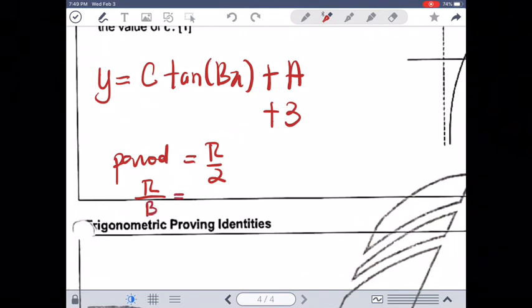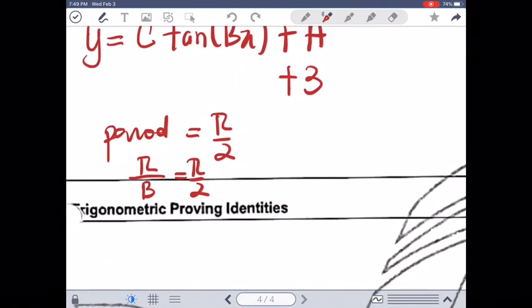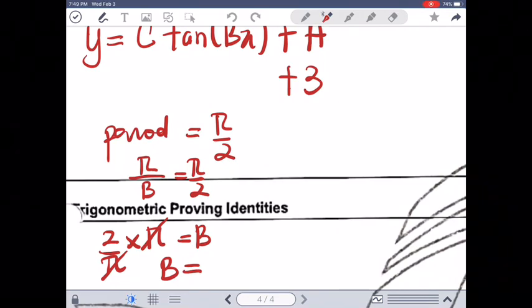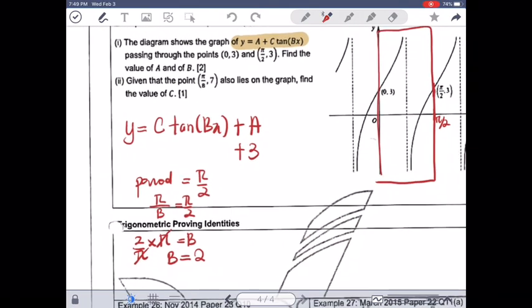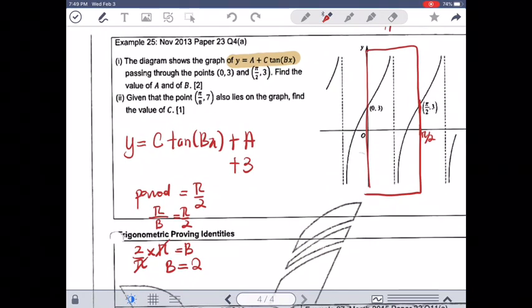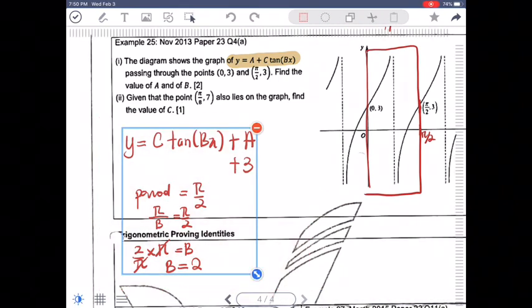In this case, pi over b is equal to pi over 2. Therefore b is equal to pi times 2 over pi. So b is just equal to 2. Okay, so you should get 2 for the answer for question number 1.